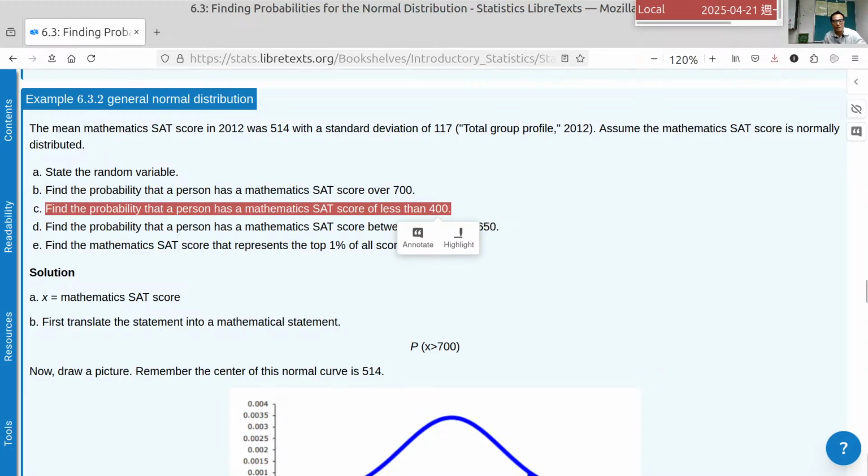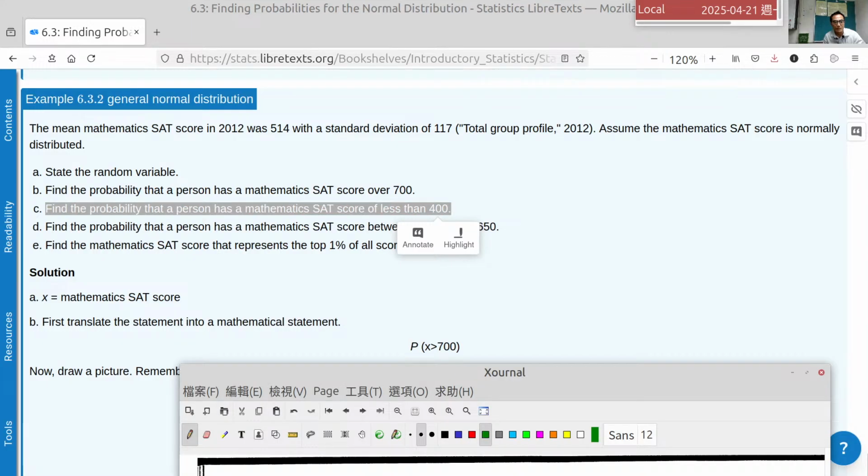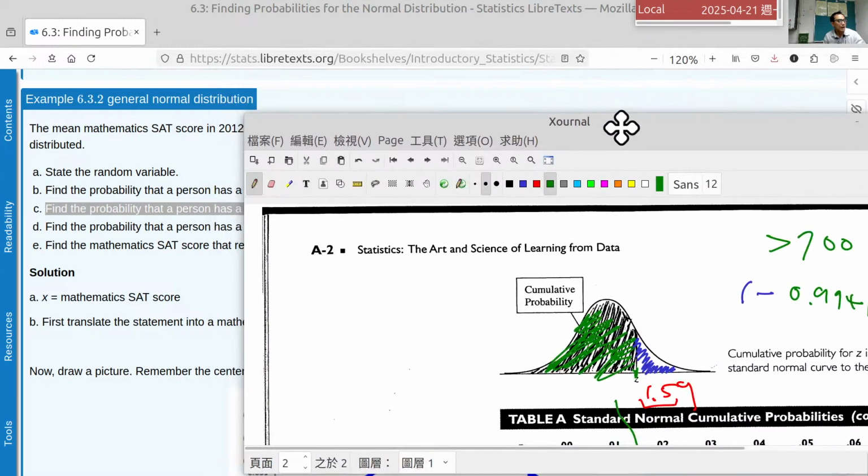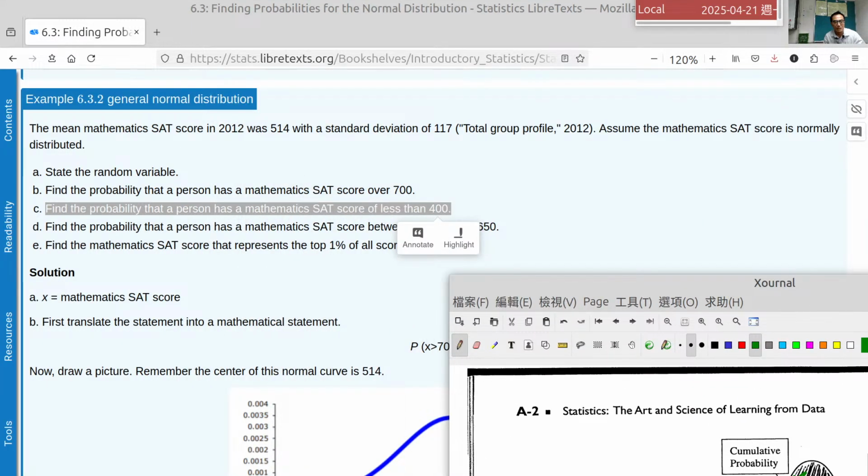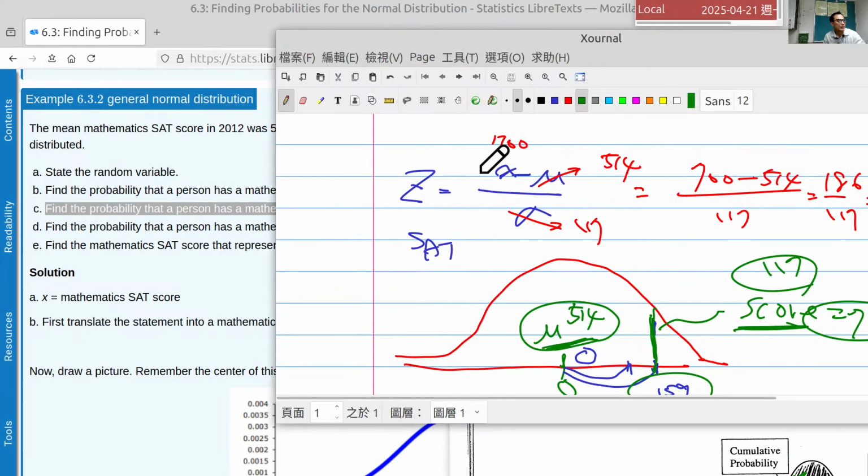Now the first one, please convert the number to z-score. To z-score, please use this formula.